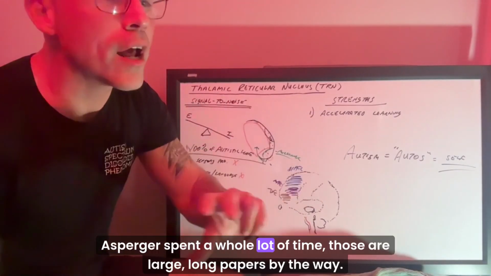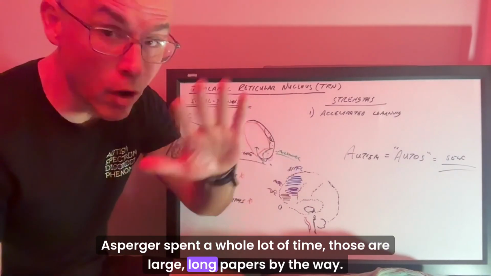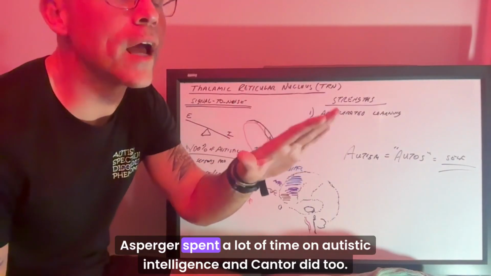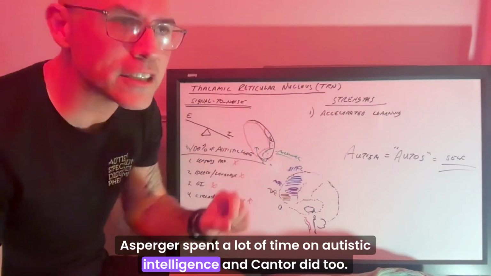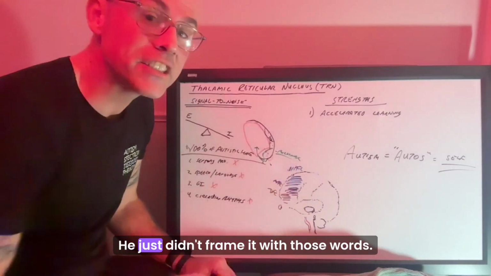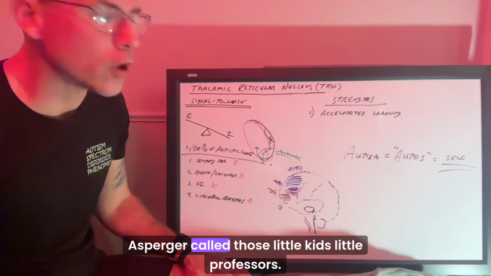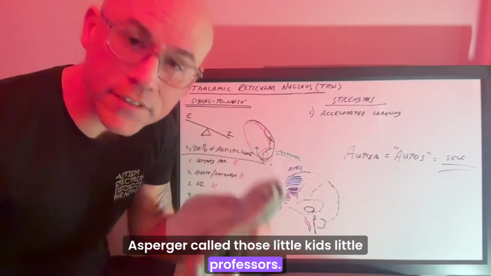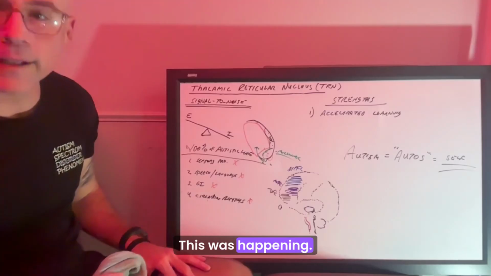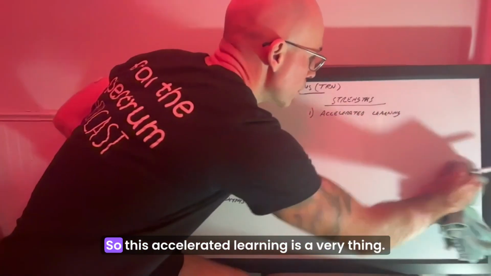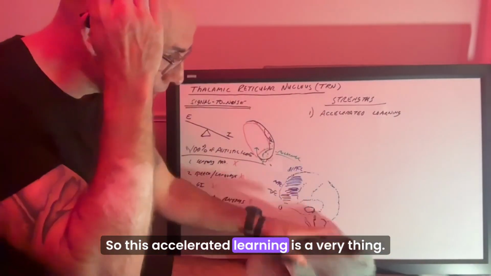Those are long papers, by the way. Asperger spent a lot of time on autistic intelligence, and Kanner did too. He just didn't frame it with those words. Asperger called those little kids little professors. This was happening back then. So this accelerated learning is a very functional thing.